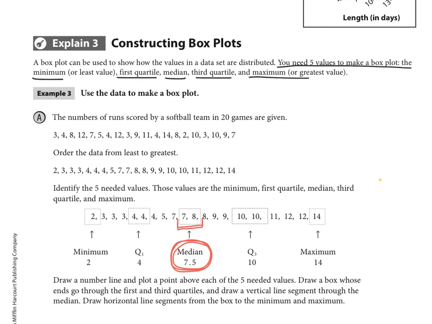Then to find our Q3, we've taken the top half. This gets a little bit weird: you haven't actually used this 8 because it's not the median. It just helped us find the median. So in my top half, I cross out until I get to the middle.